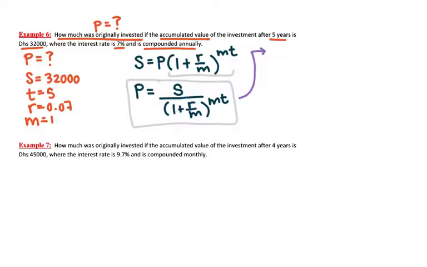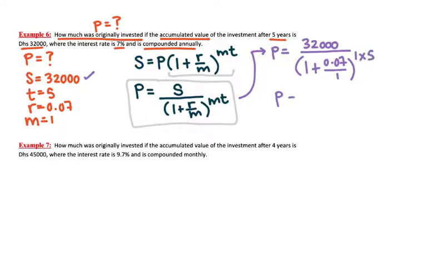So we know the present value is always smaller than the future value. So we'll be looking for an answer that is smaller than 32,000. Let's plug everything in and see what we get. So we have 32,000 divided by 1 plus 0.07 over 1 raised to the power 1 times 5.